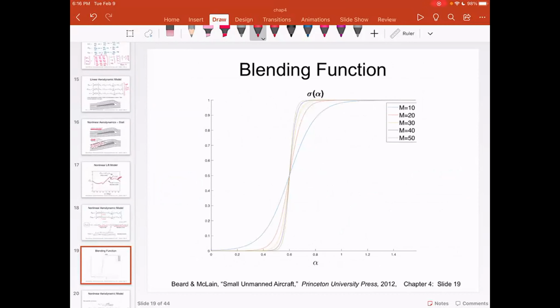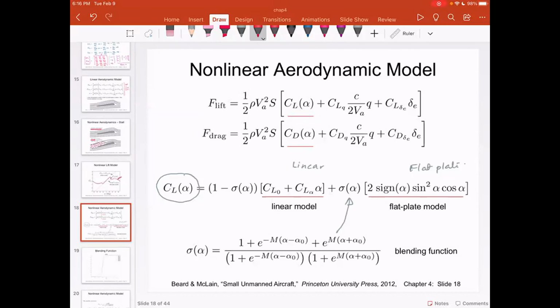And you can actually use different values of m for this blending function. m is just a constant in this blending function. Alpha and alpha naught: alpha is the current angle of attack, alpha naught is the threshold value of angle of attack when suddenly the lift force is dropped.